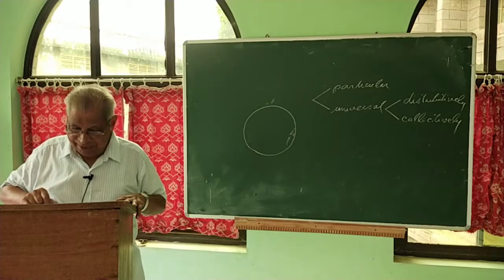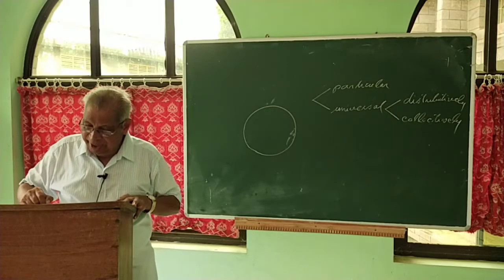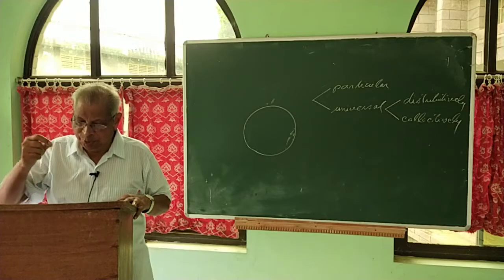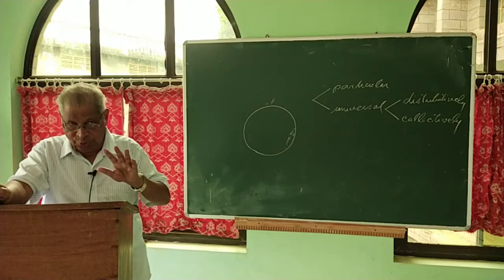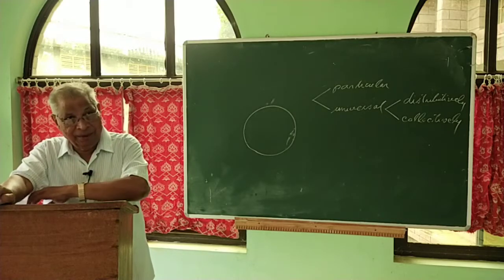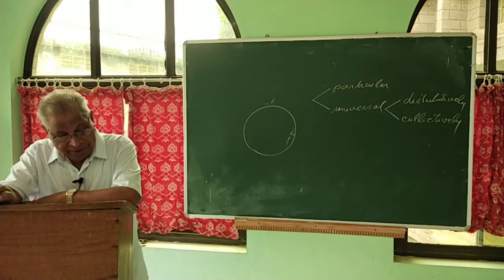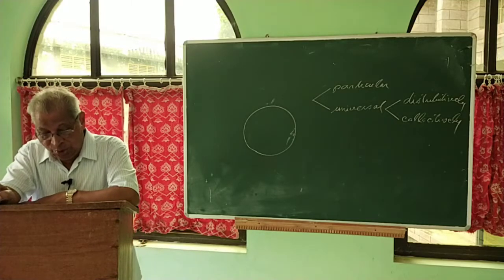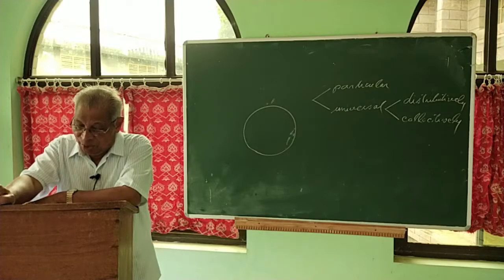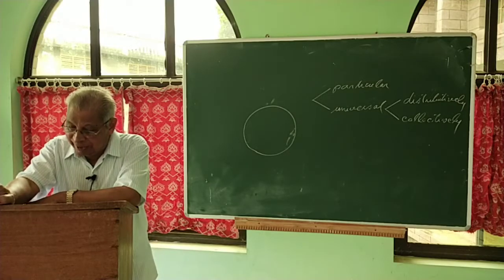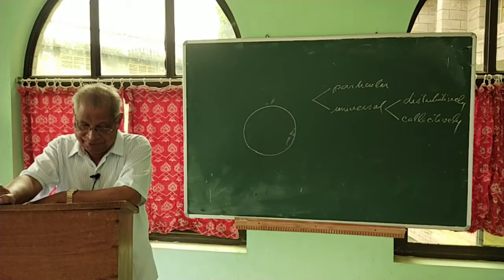I give another example, on the same point, to show the distinction between the distributive use and the collective use. Now try to understand. All the angles of a triangle are equal to two right angles: collective use.